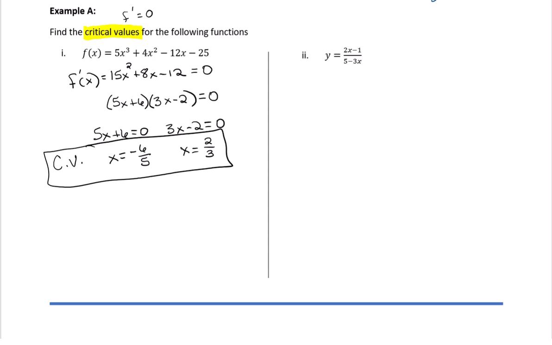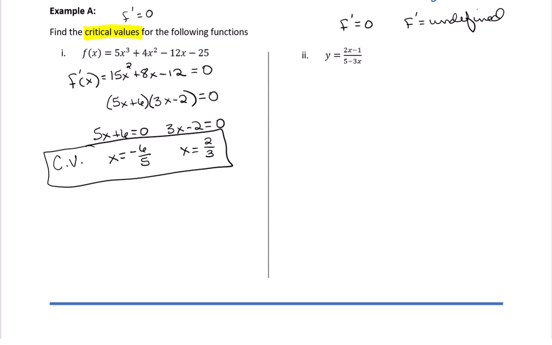For the second one, we have y equals (2x - 1) over (5 - 3x). Well, remember, the critical values here could occur at two places, where the first derivative equals 0 or where the first derivative is undefined.